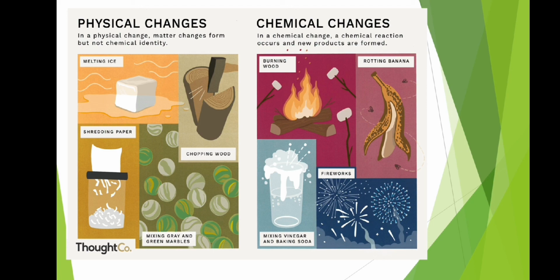Of course, rotting banana is another structure. Mixing vinegar and baking soda, because there is a reaction in that process. And of course, fireworks, where reactivity is again present. So that explains chemical change.